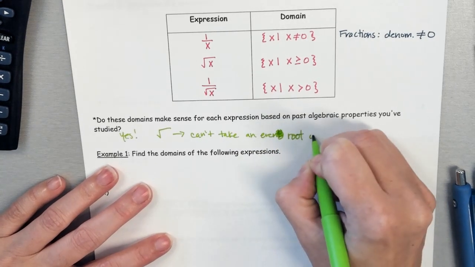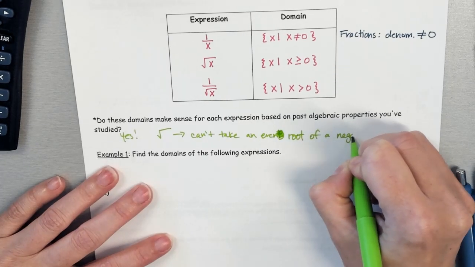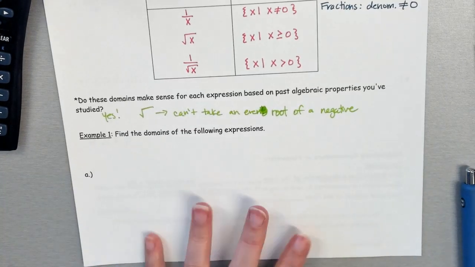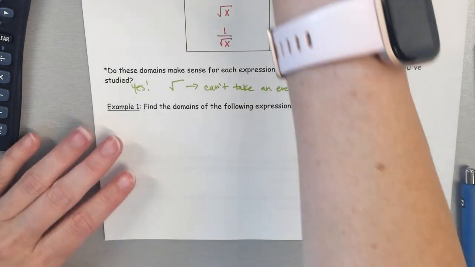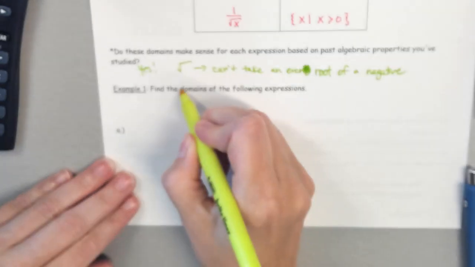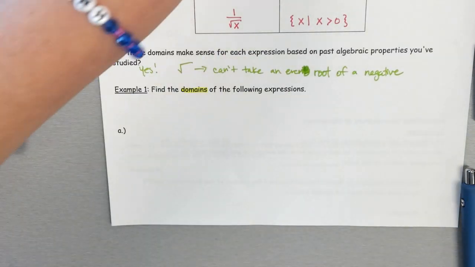Can't take an even root of a negative. Okay, and that's just based on the properties that when you multiply negatives together, you will end up with a positive, so we can't have that. All right, so in example 1, we're going to find the domains of the following expressions.